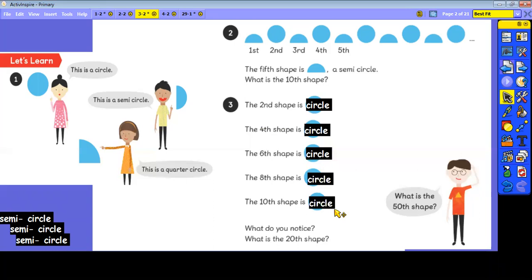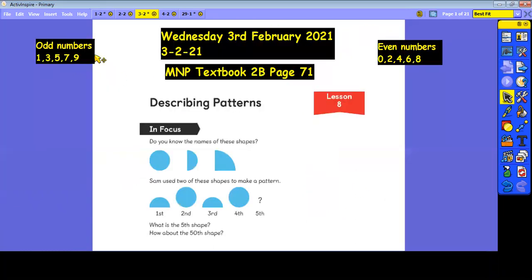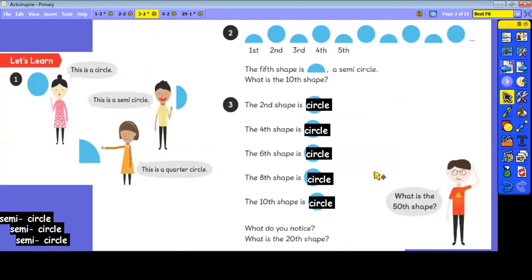So what should we have noticed, children? Going back to my odd and my even numbers. Yes, I hear you all crying out to me that the second, fourth, sixth, eighth and 10th are all even numbers and they're all circles. So if all the even numbered shapes are circles, what are all the odd number shapes going to be?